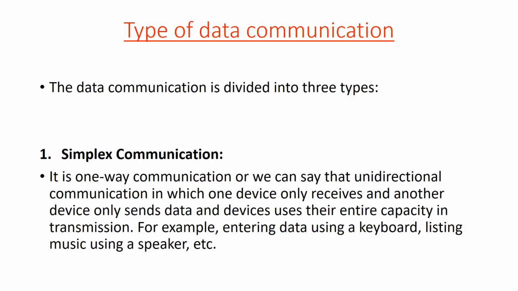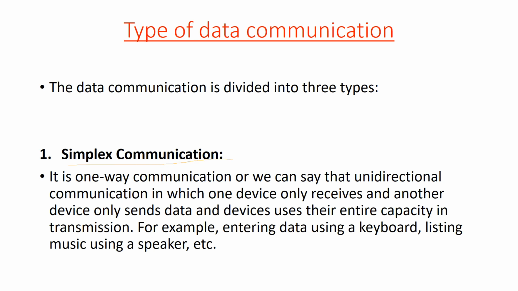So lastly, let us look at the types of data communication. There are three main types of data communication, namely simplex communication, half duplex communication, and full duplex communication. Let us look at the first type, which is known as simplex communication.